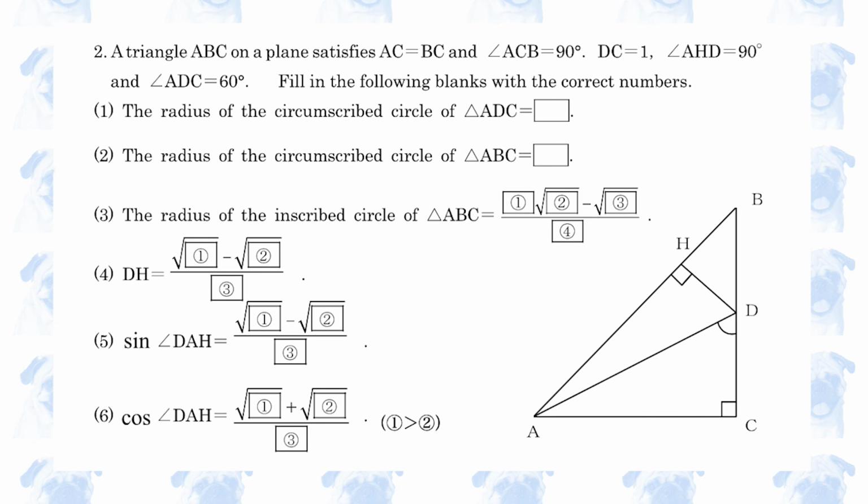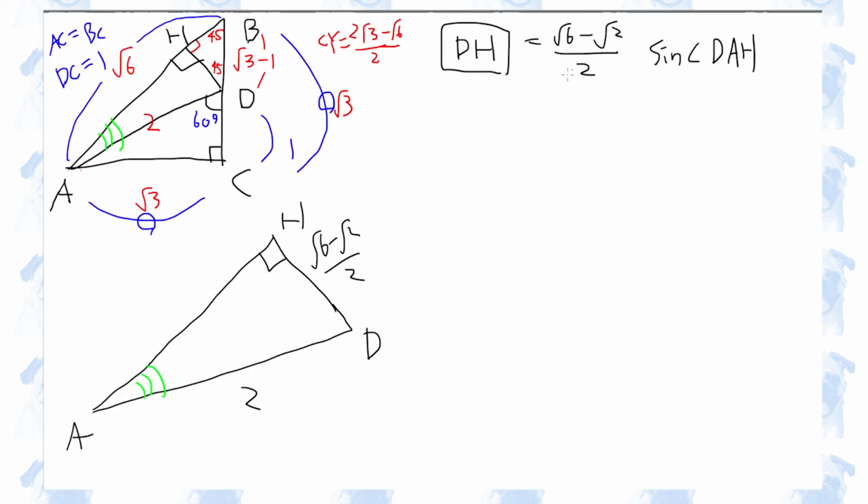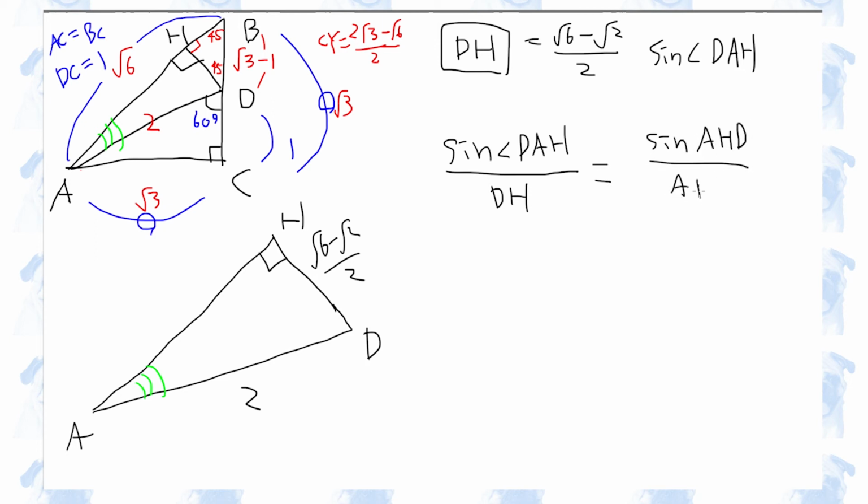In question 5, we need to find the value of sine DAH. So in this question, we can use sine rule once again. Sine DAH over DH is sine AHD over AD.